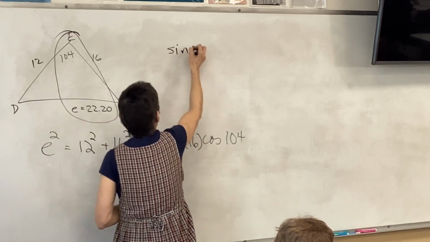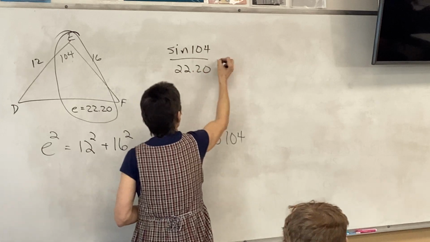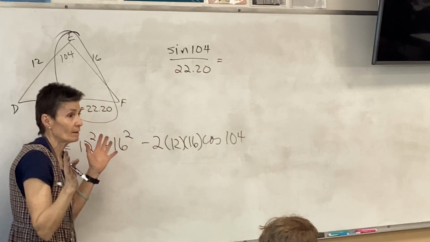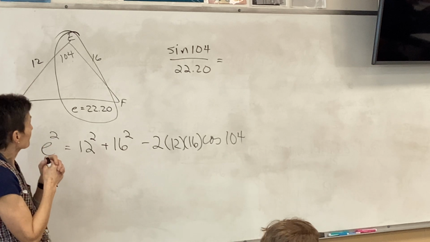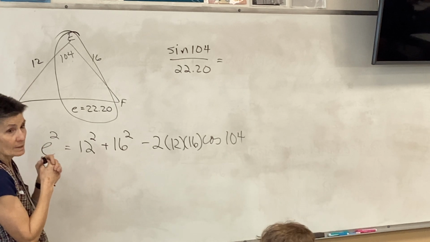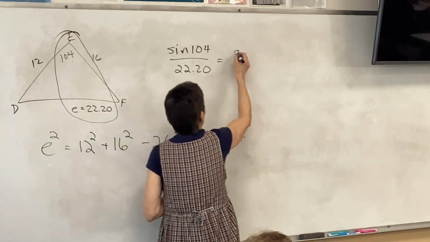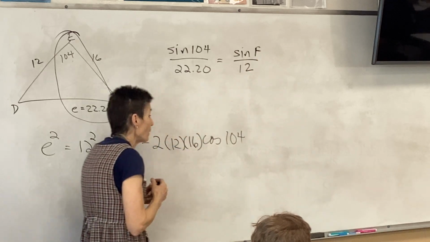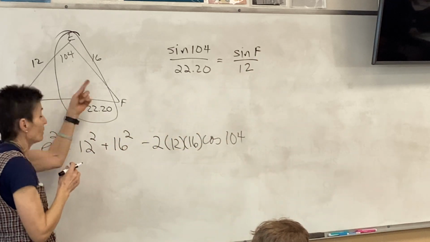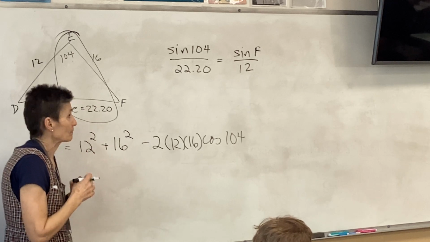Sine 104 over 22.20 equals, pick one, I don't care, equals what? Sine F over 12. You could also have done sine D over 16. Makes no difference, just pick one.